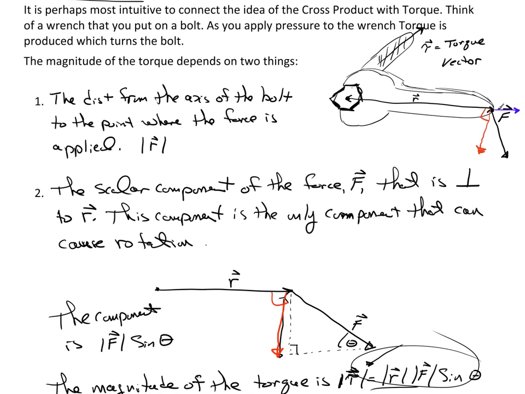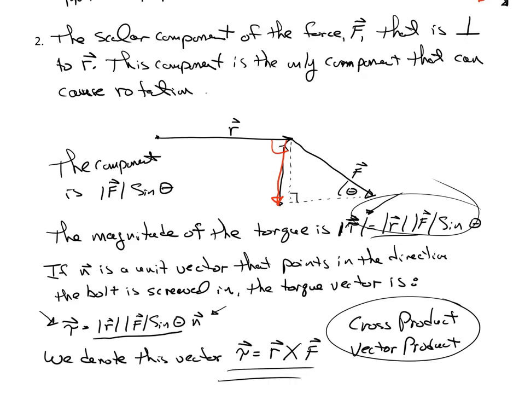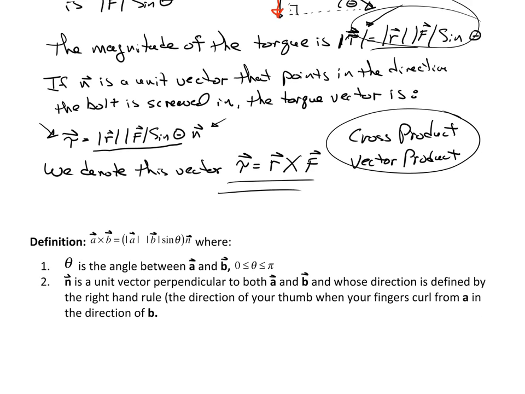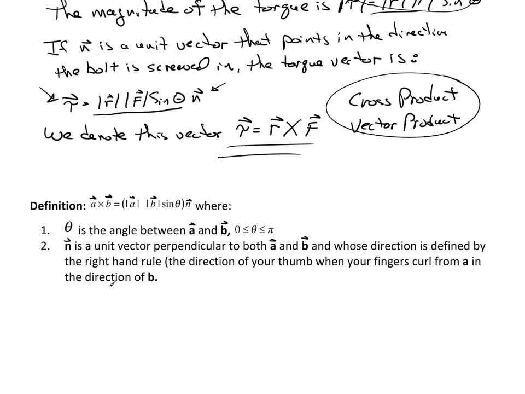You think these two are going to reside in the same plane, and this is perpendicular to both of them. A and B, whose direction is defined by the right-hand rule. It's the direction of your thumb when your fingers curl from A into the direction of B.